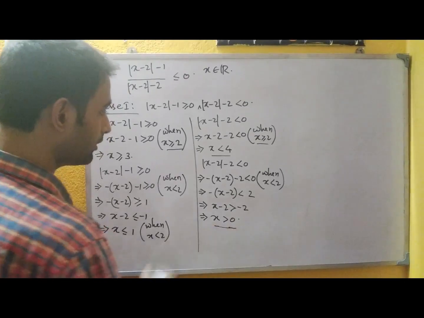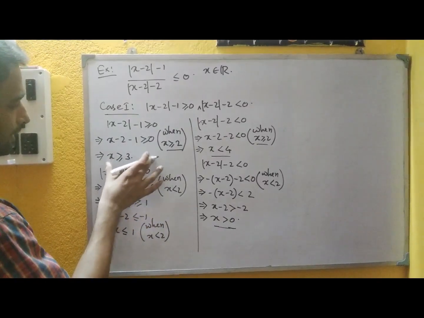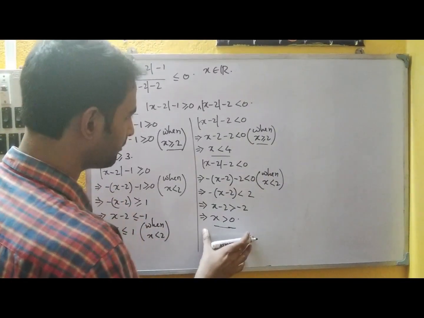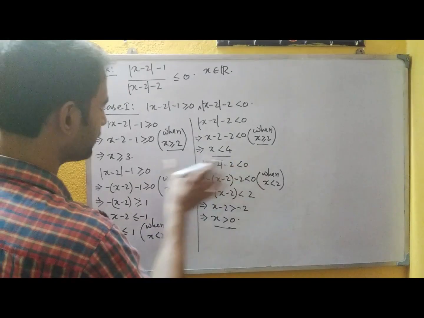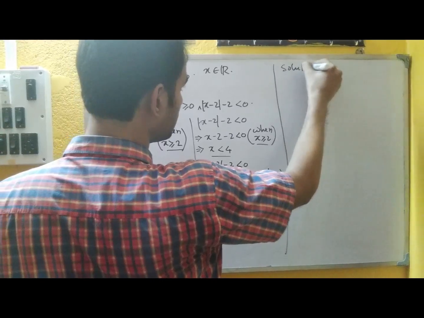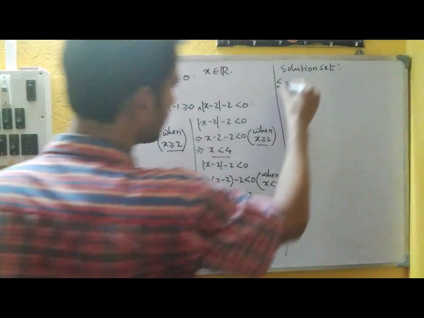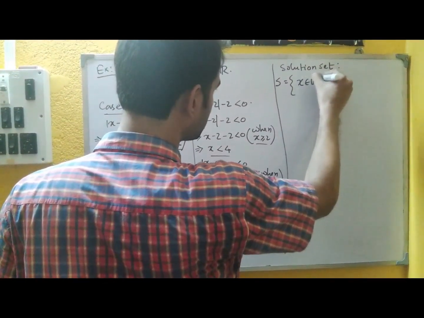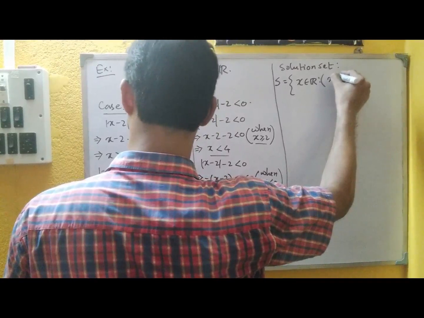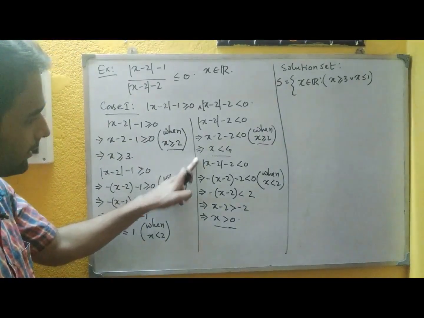This also can happen. Okay, so remember, when we are considering this case, these two cases are happening separately, but these two are happening simultaneously. So we write the solution set like this: x belongs to R such that either this or this, that means x greater or equal to 3 or x less or equal to 1, and either this or this.